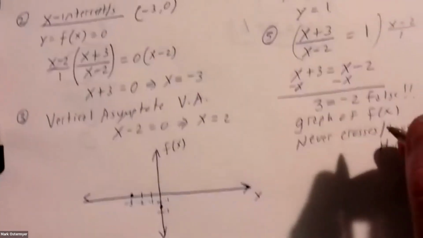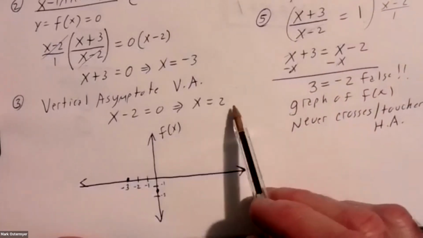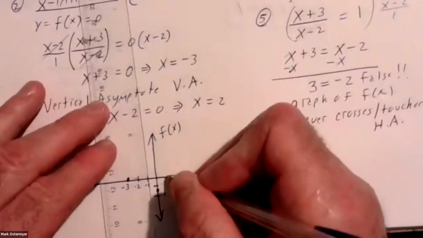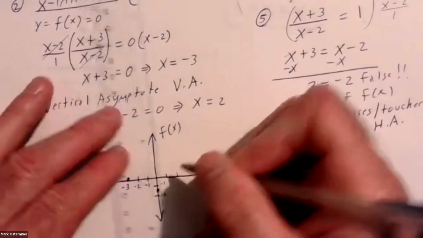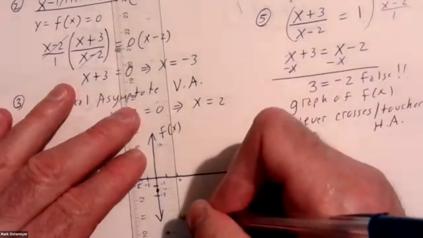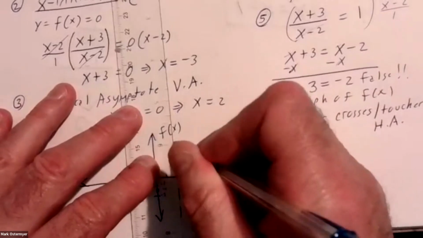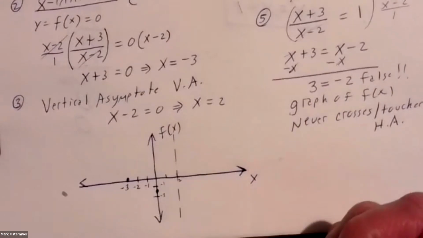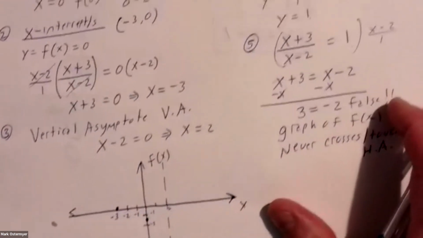What else do we know? We know we have a vertical asymptote at x equals 2. Let's go ahead and represent it in our xy plane. At positive 2, there's 1, there's 2. I have a vertical asymptote going right through here. There's my vertical asymptote at x equals 2. Make sure it's a dashed line. All right, anything else?